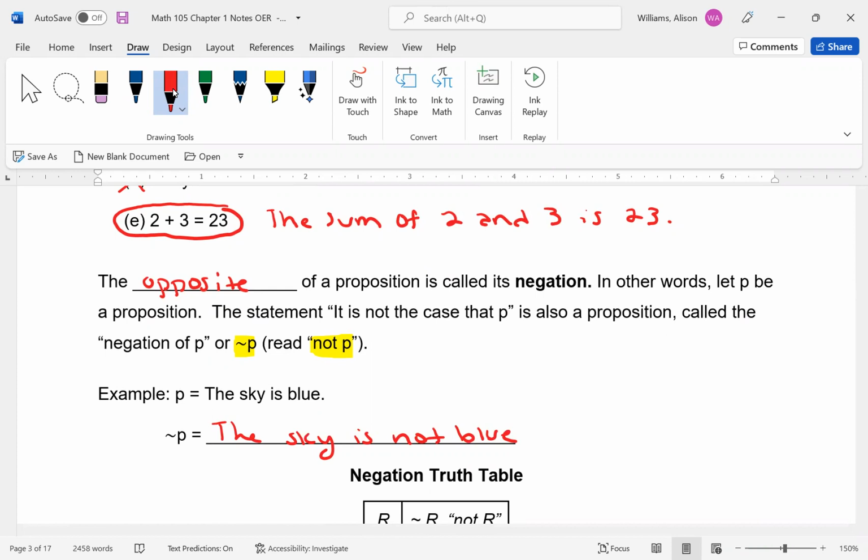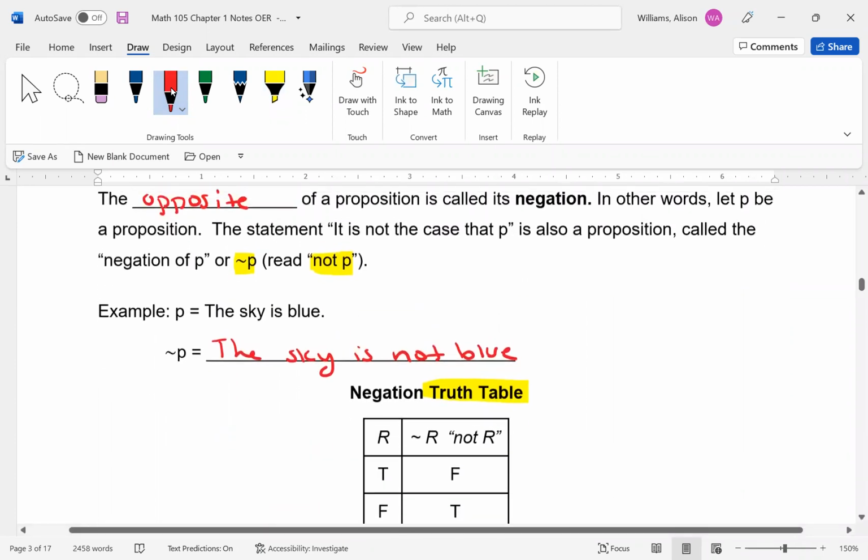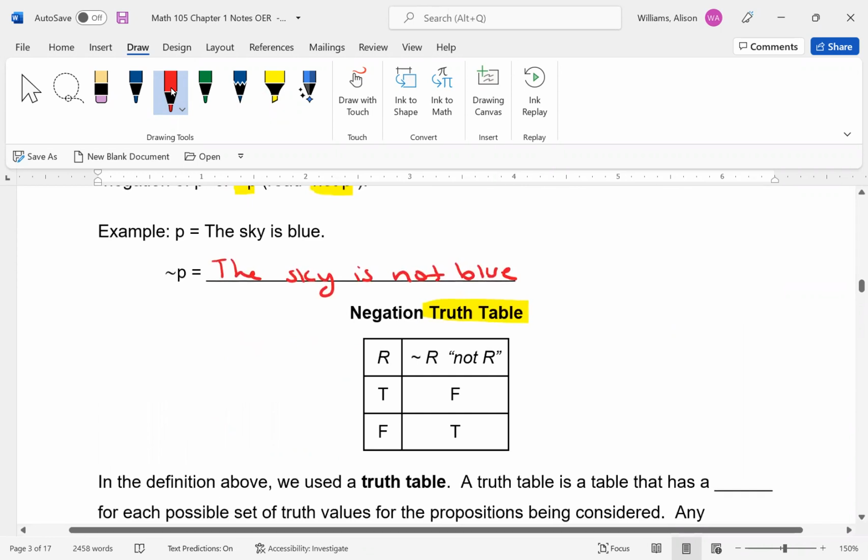Now, what we're going to be looking at are called truth tables. Truth tables are ways to look at where arguments are flawed versus valid. So when we have an R statement, R being our proposition here, we have two facts about R: either R is true or false.